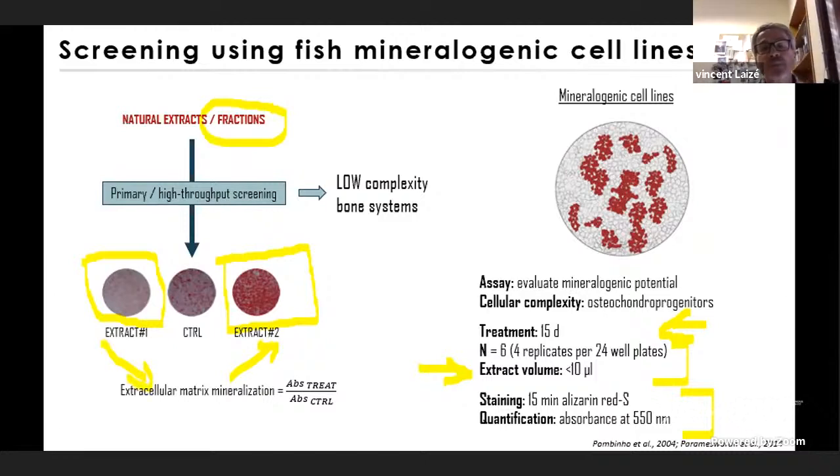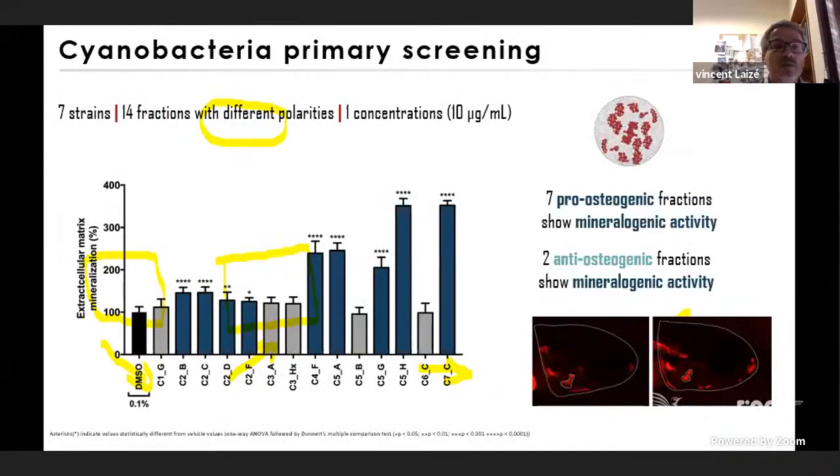Okay, so there is already some annotation there. This is an example, and this is a slide that Joanna gave me. This is an example of extract that we received from Cyanobacteria.